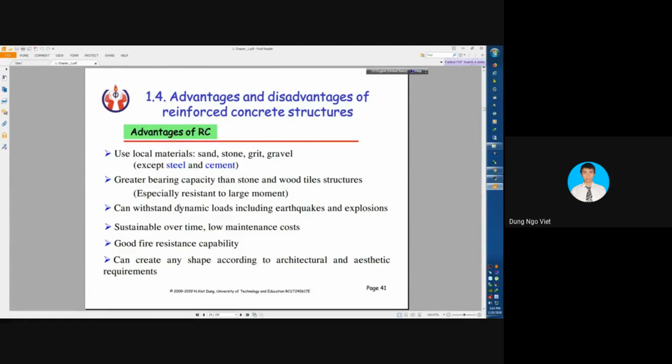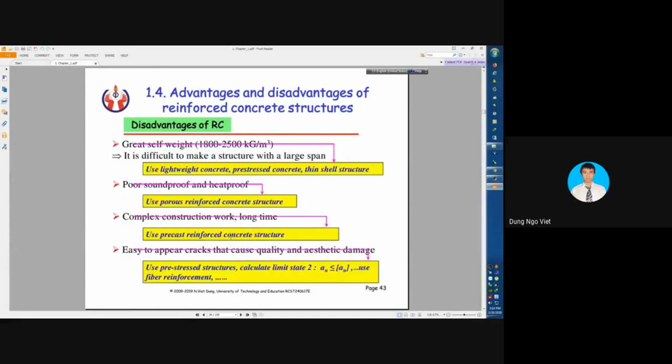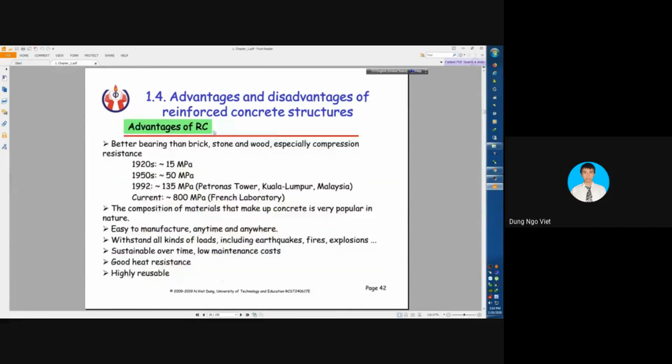And it's difficult to catch fire, so it has good fire resistance capability. Depending on the shape, reinforced concrete can create any shape according to architectural and aesthetic requirements. So those are the advantages of reinforced concrete.